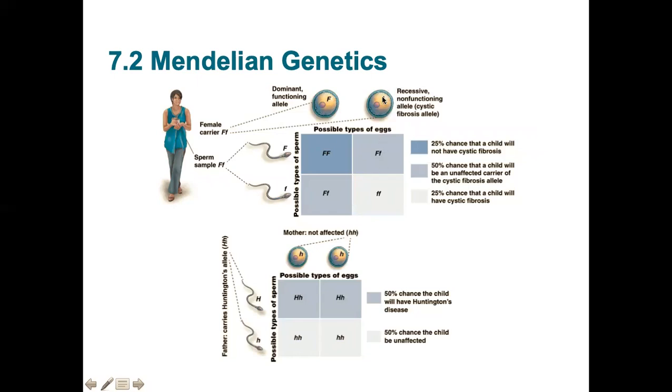And then you're going to cross this one with this sperm, and you would have dominant recessive, and again, no fibrosis. And same thing here, dominant recessive, no fibrosis, because the dominant trait is no fibrosis. But if you happen to get a recessive allele with a recessive allele, then you're going to have cystic fibrosis.